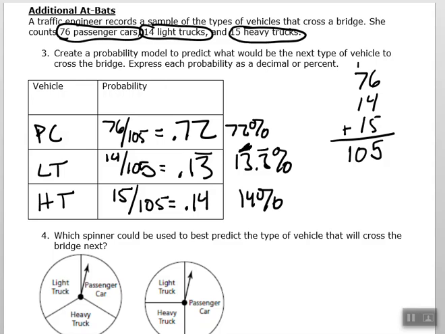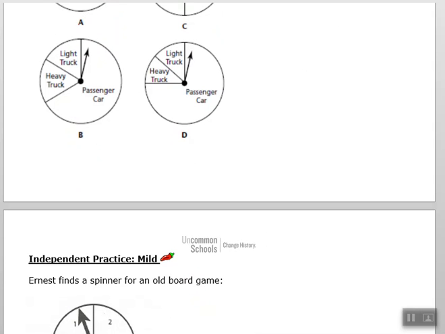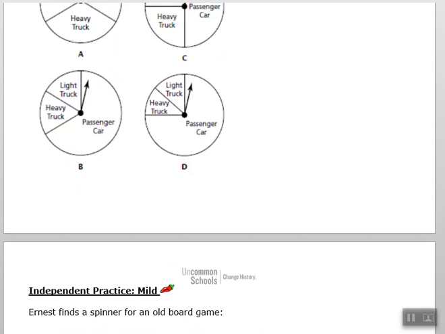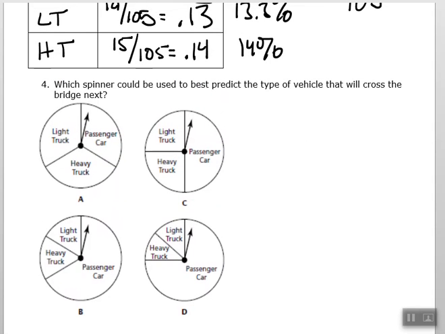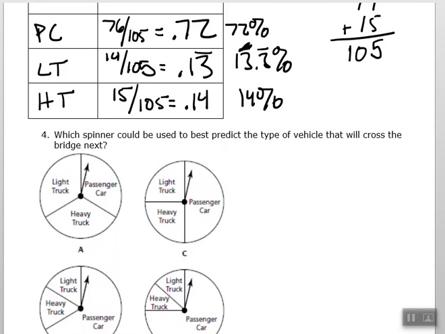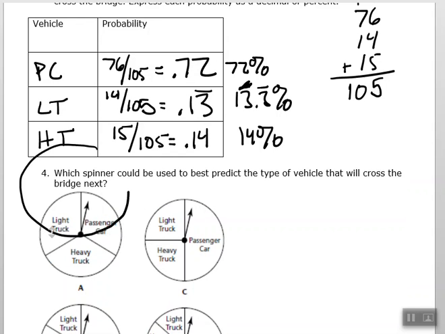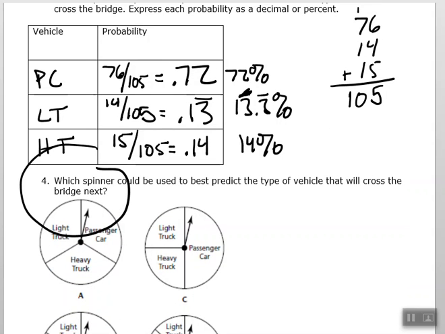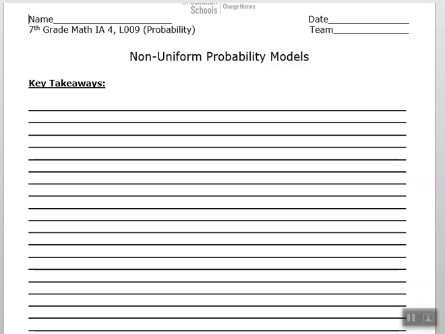Okie dokie. So let's take a look down here. Which spinner could be used to best predict the type of vehicle that will cross the bridge next?